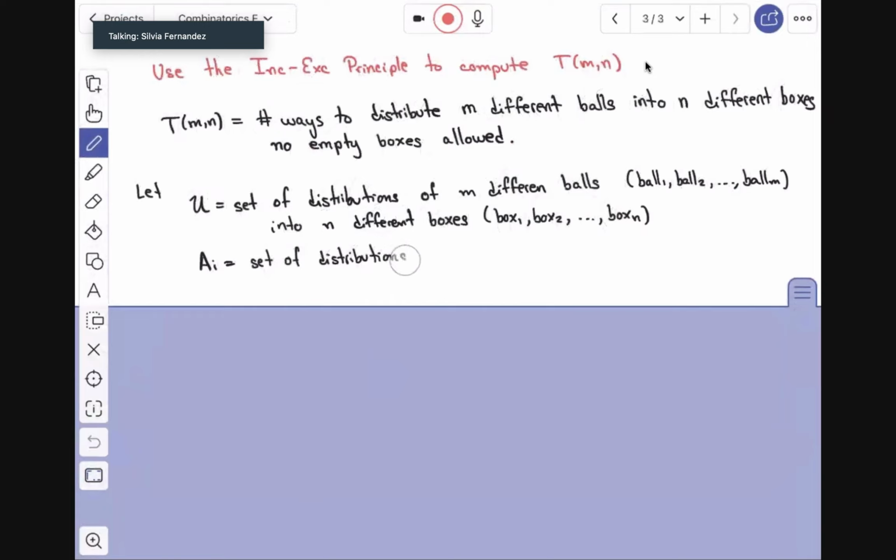The set of distributions in U, of those m balls into those n boxes, that do not use, that leave box I empty. I don't want that to happen, right? I don't want to have empty boxes.